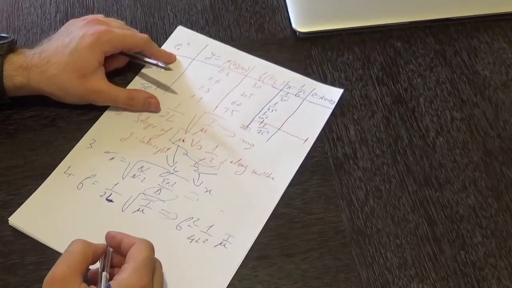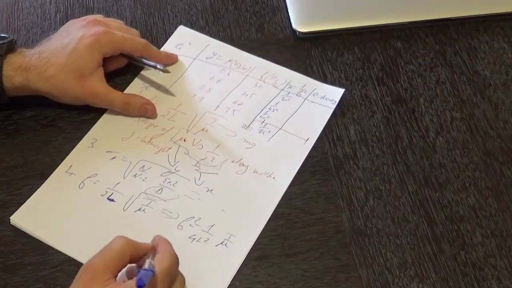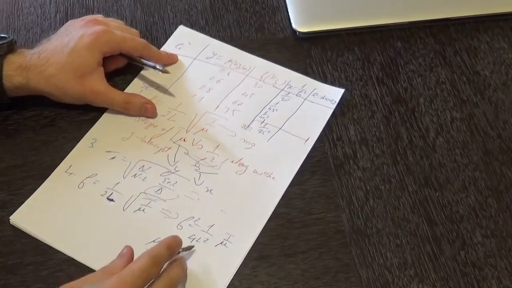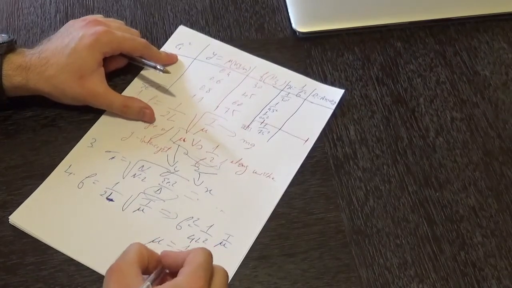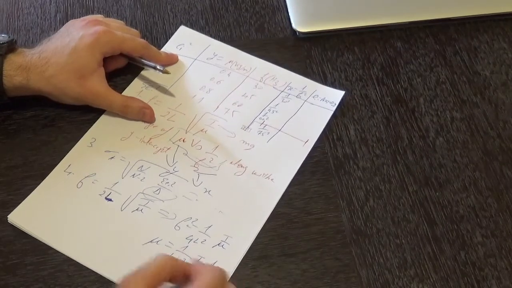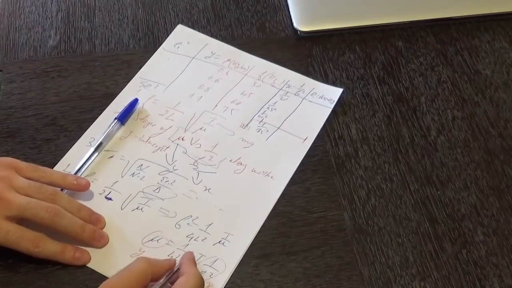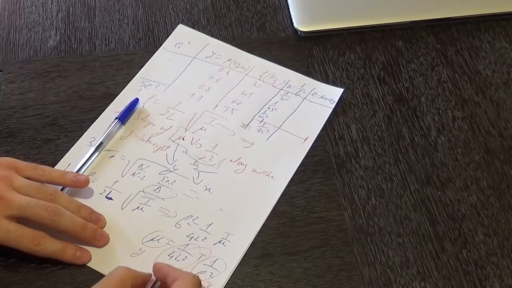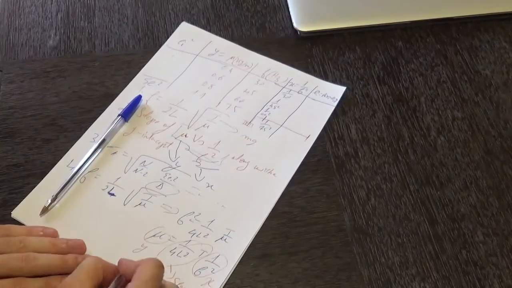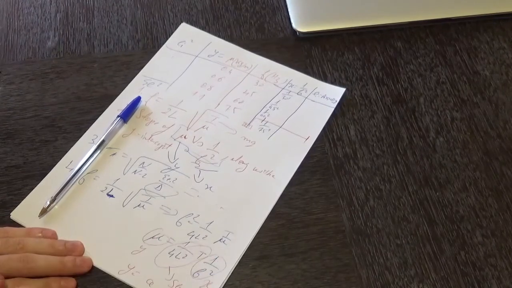After squaring that equation, we are going to adjust it to be of the form mu equal to something multiplied by the x variable, 1 over f squared. So mu is equal to 1 over 4L squared times T times 1 over f squared, where mu in that case would be y, 1 over f squared would be x, and therefore whatever term you have over here which is multiplied by x would be the expression of the slope. So over here we have adjusted our equation to become of the form y equal to a times x, where y would be mu and x would be 1 over f squared.